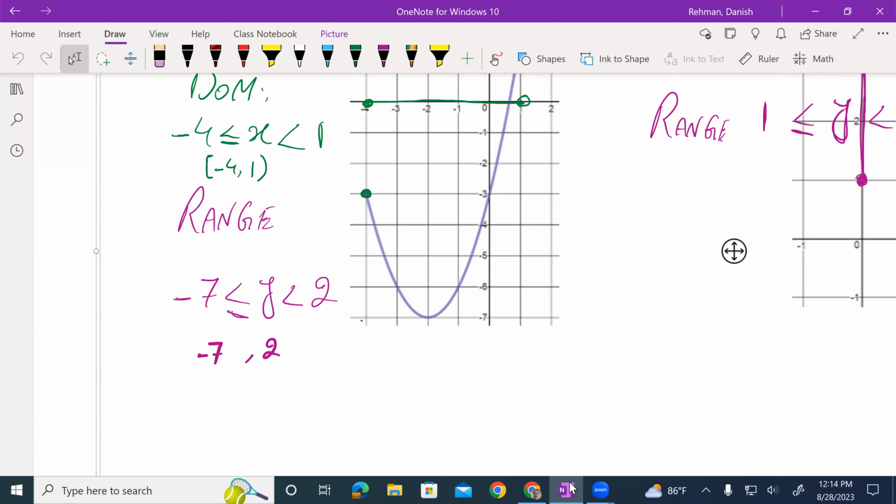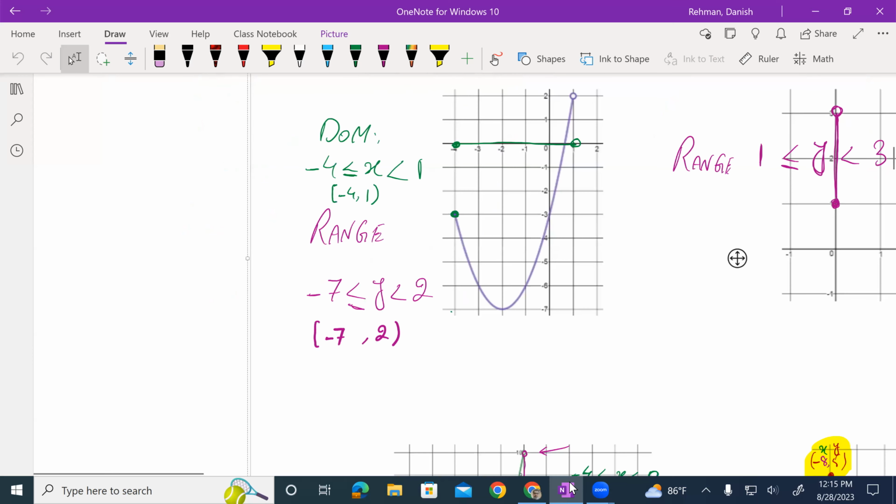A bracket. Bracket? Whenever you see this line, yes, that's a bracket. Good one. Here we have a -7 with the equality line also. So that's a square bracket. We call this square bracket. What about the 2? Parentheses. Parentheses, good, because it doesn't have an equality line, so it will be the parentheses. An example from the second worksheet that we have already done.